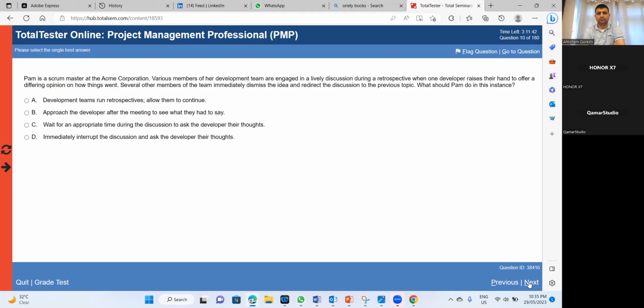What should Palm do in this instance? The development team runs the retrospective, allow them to continue; approach the developer after the meeting to see what they have to say; wait for an appropriate time during the discussion, ask the developer for their thoughts; immediately interrupt the discussion and ask the developer for their thoughts.